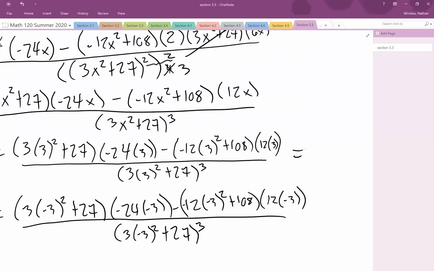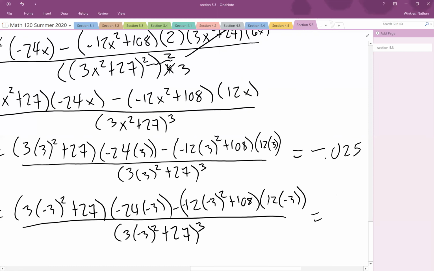So when we plugged it in, assuming I didn't make any calculator issues, negative 0.025.